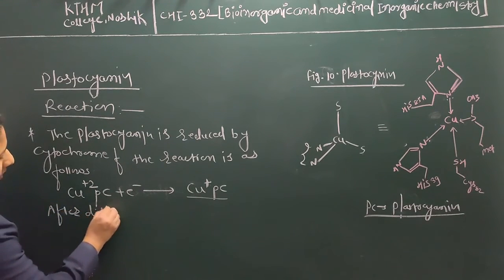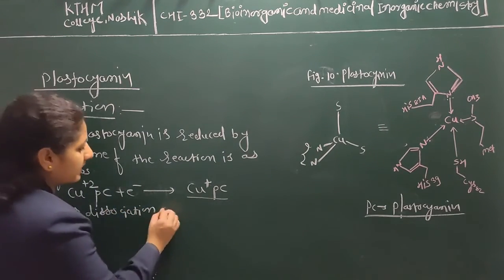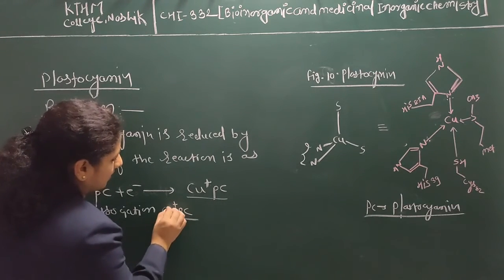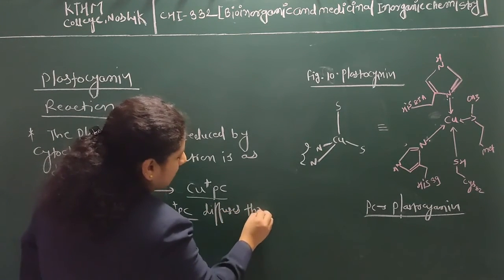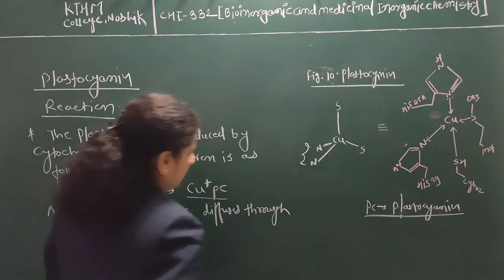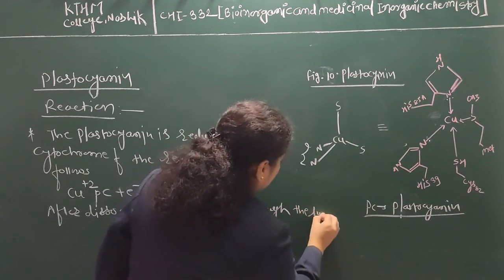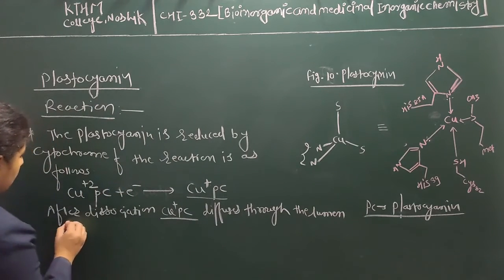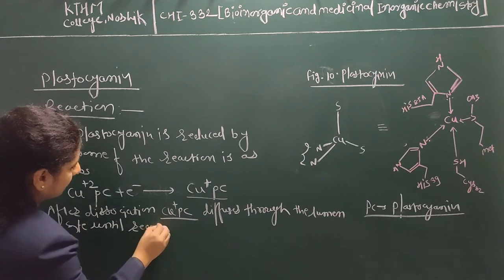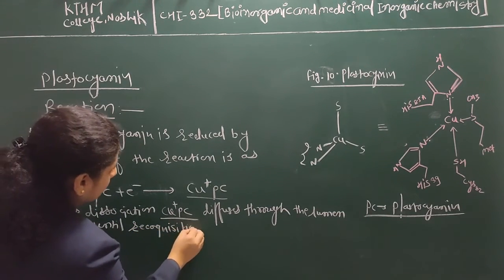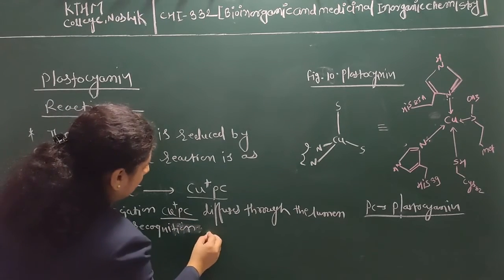After dissociation, this oxidized plastocyanin diffuses through the lumen side until recognition or binding.